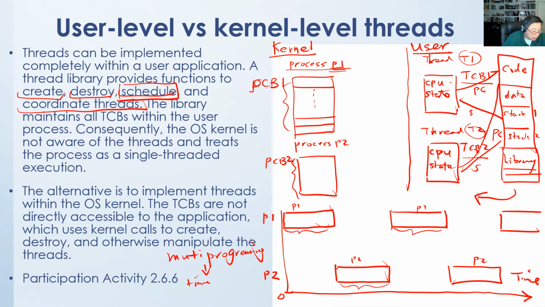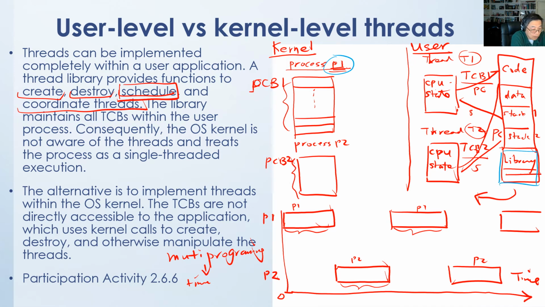Okay, let me actually use a different color. So, because the context switching between two threads is completely within the process P1, it's controlled by the library, which is also in the user space.